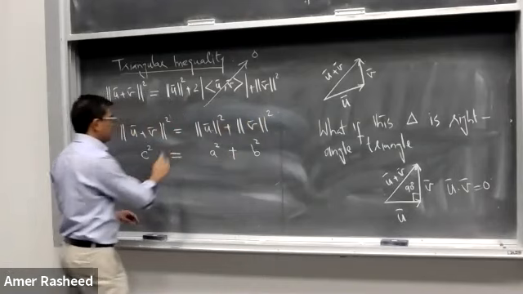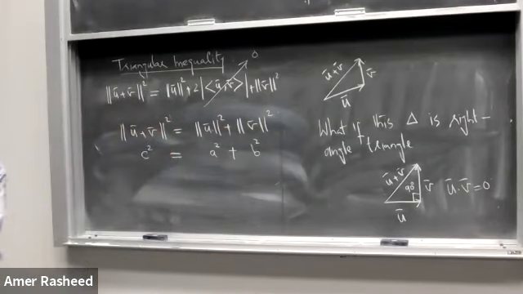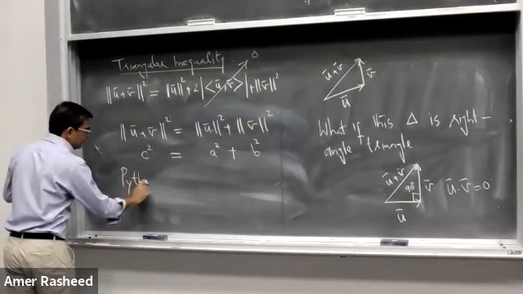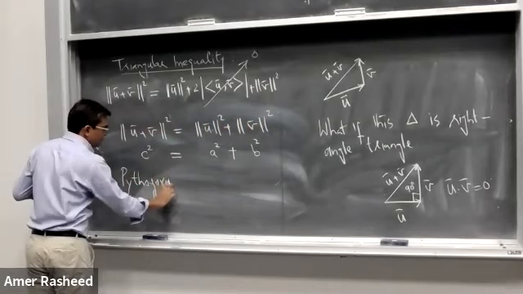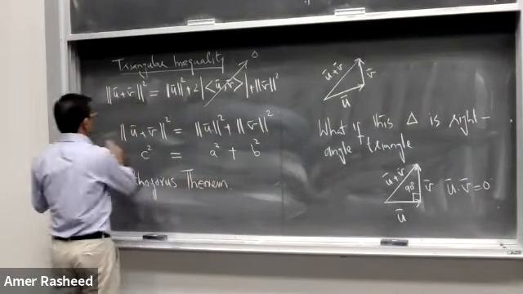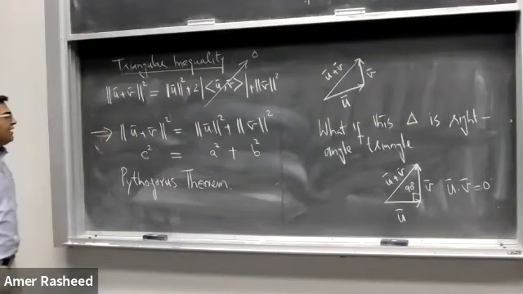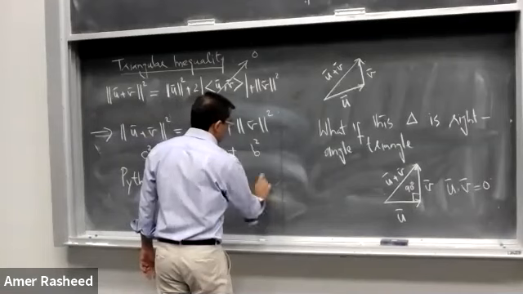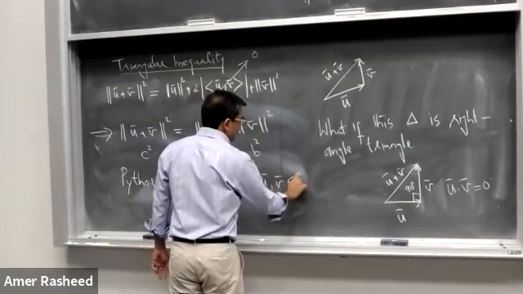Now, what is this? This is a generalization of Pythagoras theorem in Rn, because u and v belong to Rn.